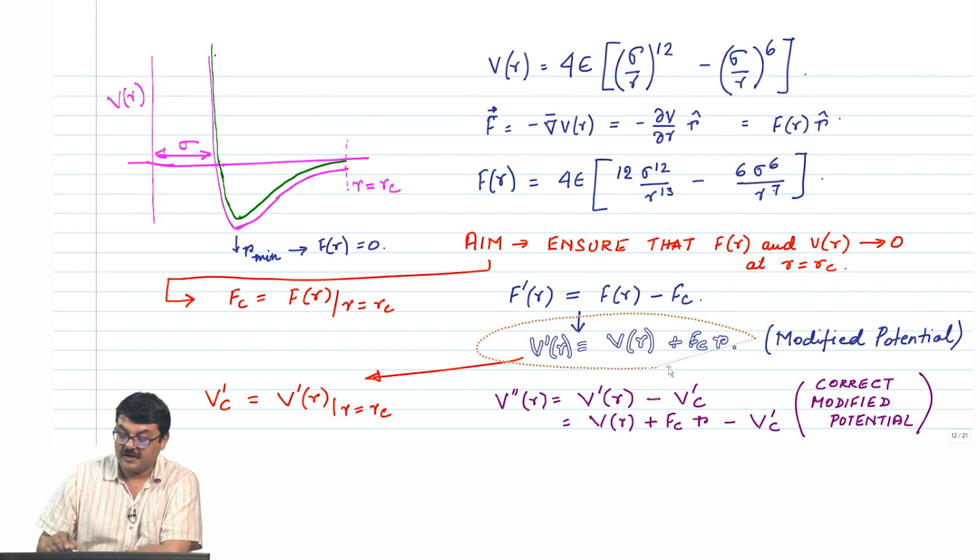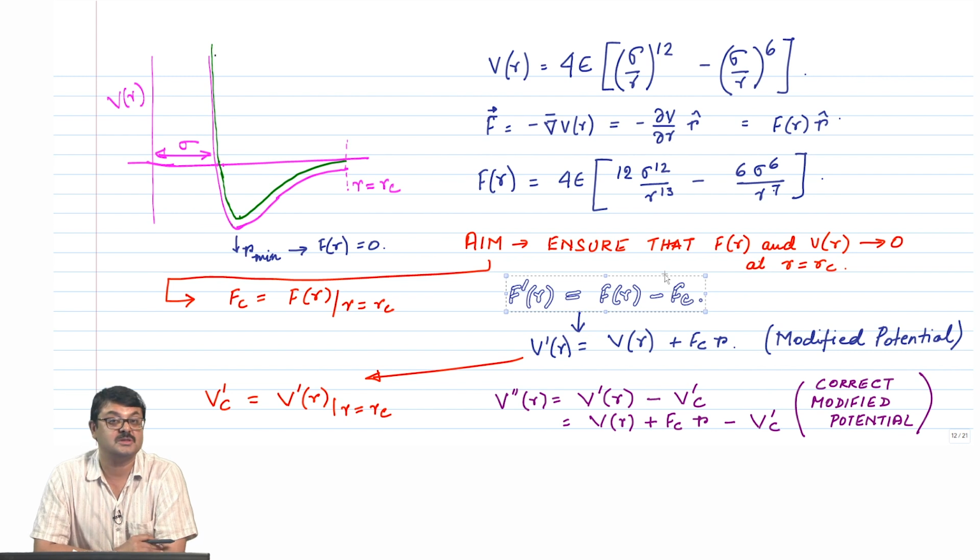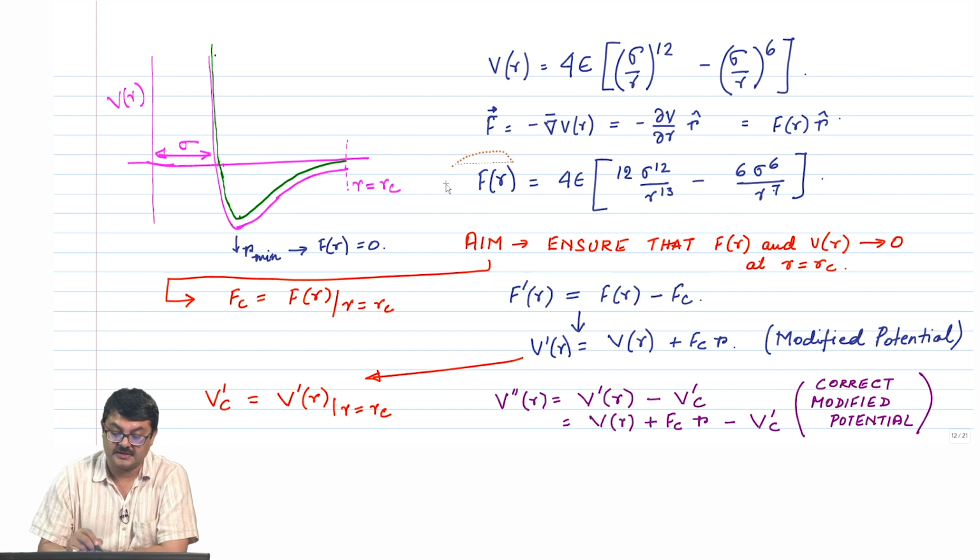Instead, you have a modified potential v dash r, which, if you do the proper integration, is v of r plus f c r. Now, if you take the derivative of this quantity, you will get this expression for the force, which you have chosen to be your operative, which I am suggesting that you choose as the operative definition, the slightly modified expression for the force instead of just this f of r, right.